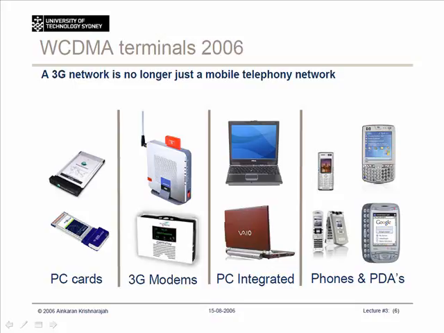Nowadays most of the new high-end laptops that are being sold on the market have an integrated 3G or UMTS or HSDPA inside it, so you cannot see from outside that it has one. That could be another type of user equipment, and then your current conventional phones and PDAs that can also be wideband CDMA terminals.